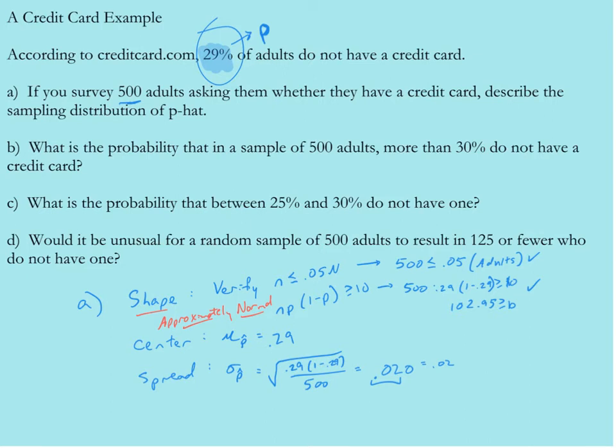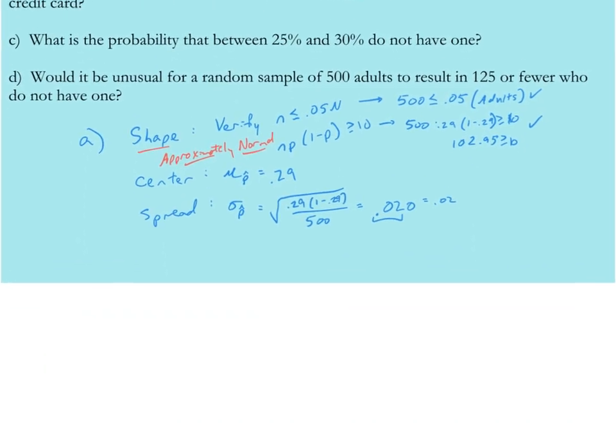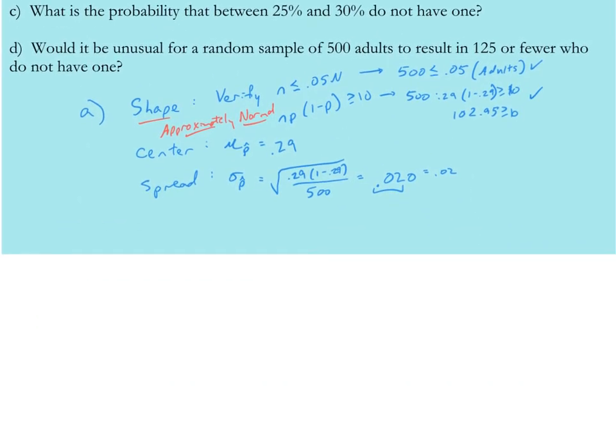Now Part A doesn't ask for this, but I'm going to do a little bit above and beyond. I want to draw my distribution. Whoops, let's drag the screen up. There we go. I want to draw this distribution. All right, so what does this look like? Well, let me draw a horizontal line. Because of the shape being approximately normal, I can draw my nice looking bell curve there.